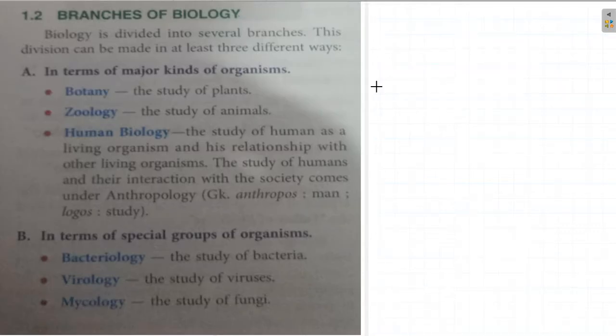So now we will study the branches of biology. Mainly two things you already know, botany and zoology. Botany means study of plants and zoology means study of animals.